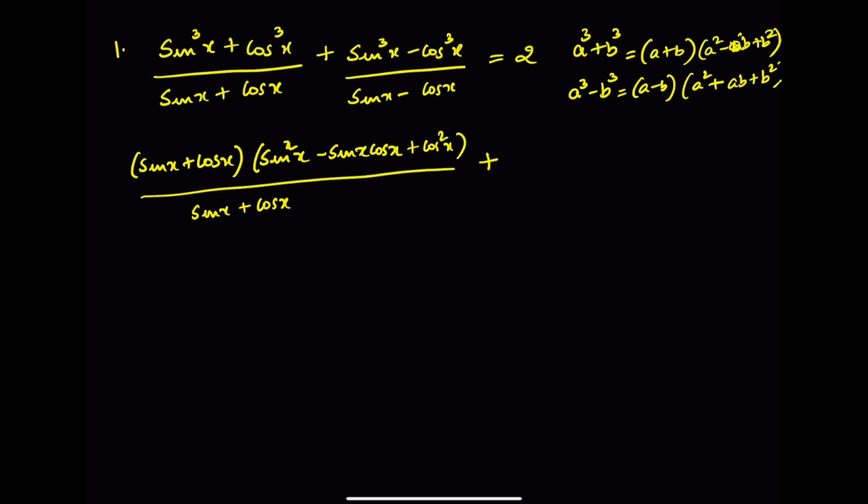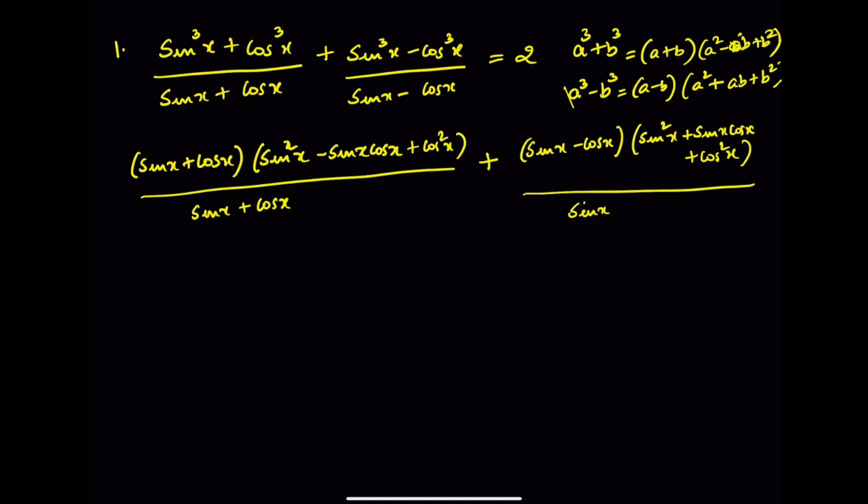Plus the second part would be a³ − b³, so this will be (sin x − cos x), which is a − b, and the second part would be (sin²x + sin x cos x + cos²x), divided by, no change in the denominator, sin x − cos x.